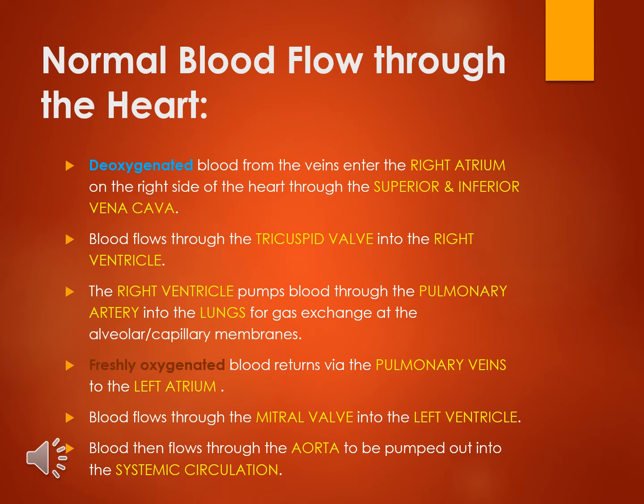Freshly oxygenated blood is picked up in the lungs, returns to the heart via the pulmonary veins into the left atrium. Blood flows through the mitral valve into the left ventricle, and then blood flows through the aorta to be pumped into the systemic circulation.